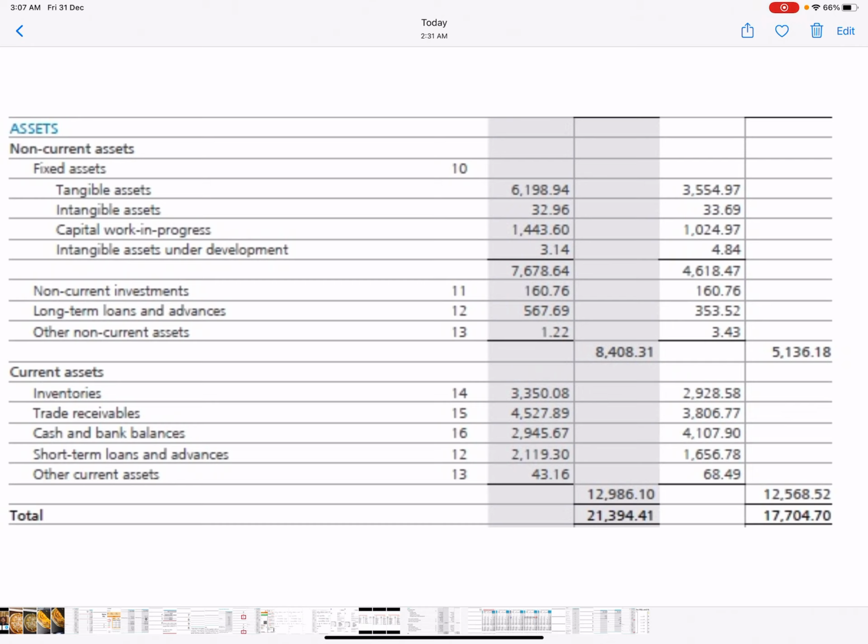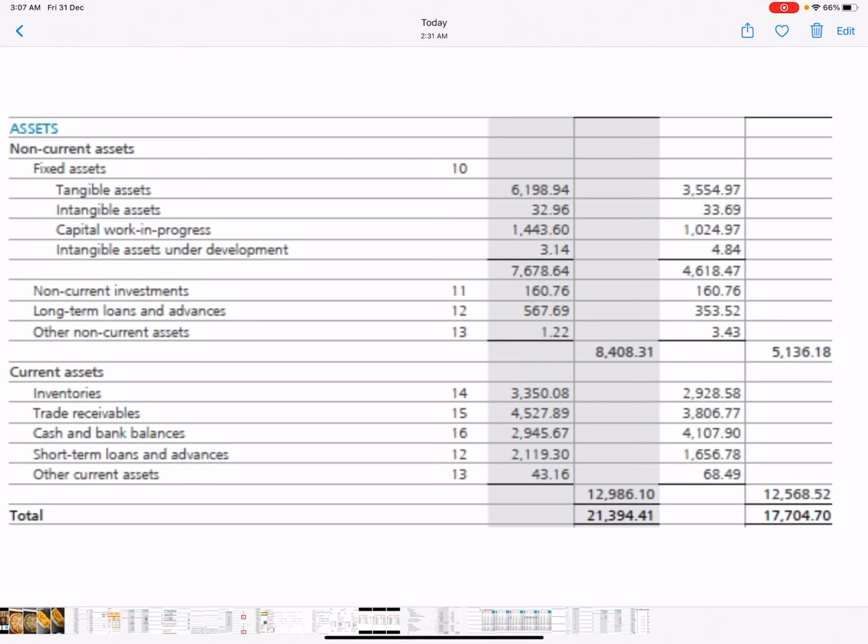Fixed assets are assets, both tangible and intangible, that the company owns, which cannot be converted to cash easily, or which cannot be liquidated easily. Typical examples of fixed assets are land, plant, machinery, vehicle, building, etc. Intangible assets are typically considered fixed assets because they benefit the company over a period of time.